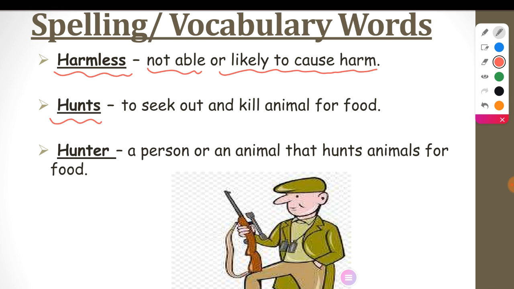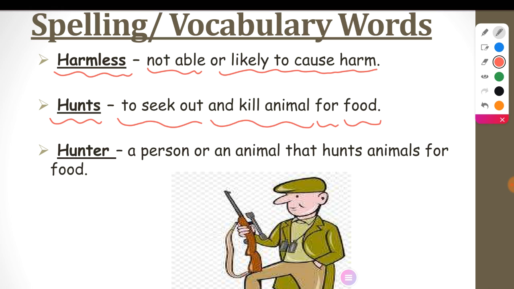hunts. What do you mean by hunts? It means to seek out and kill animals for food. Like what we have in here about our next topic, the ocean sharks.